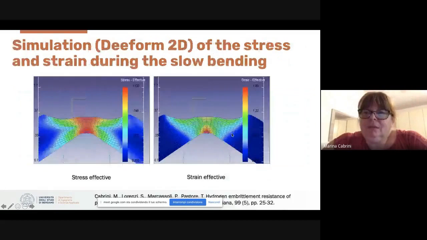The finite element program was used to evaluate the effective stress and strain during the slow bending, and to obtain effective strain maps on the specimen.